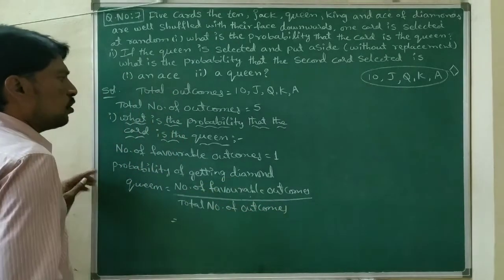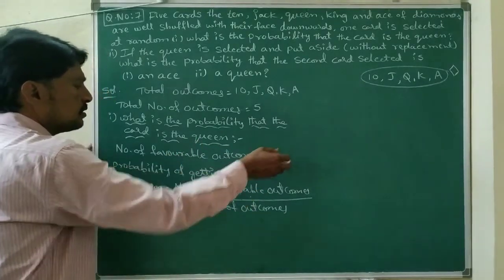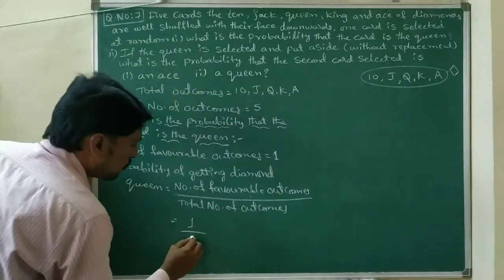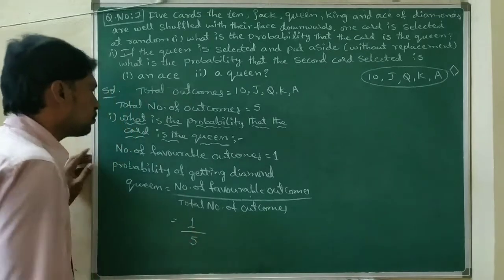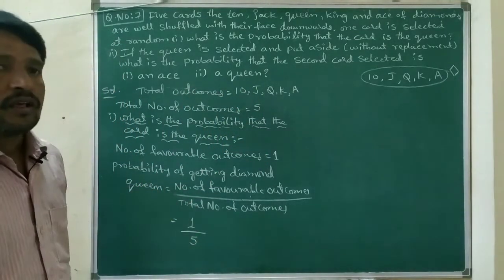So number of favorable outcomes we can get here, how many? That is 1, by total number of outcomes. Total number of outcomes equal to 5. So probability of getting a queen, that is 1 by 5.